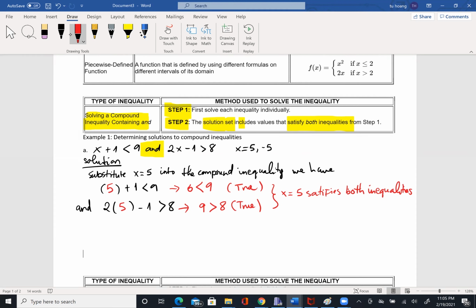Okay. Now let's have another case. Substitute x equal to -5 into the compound inequality.